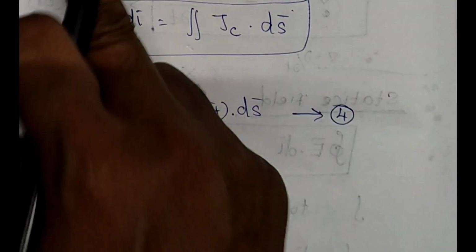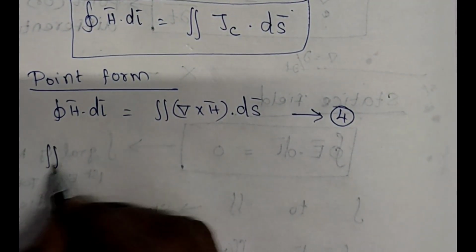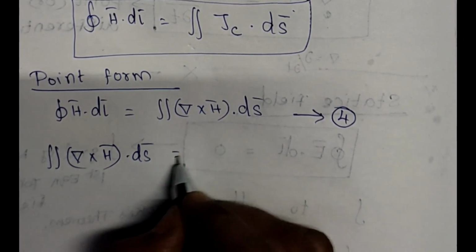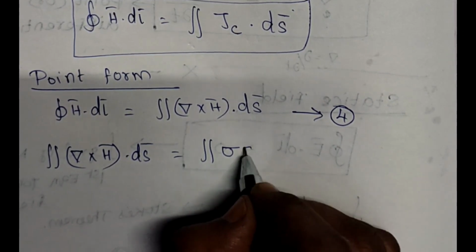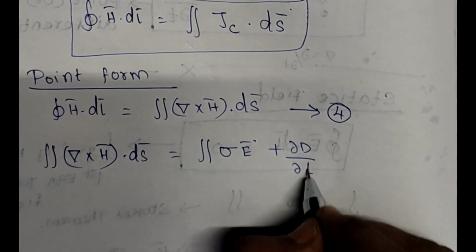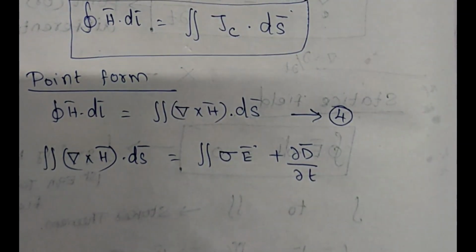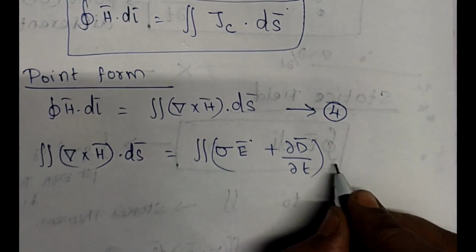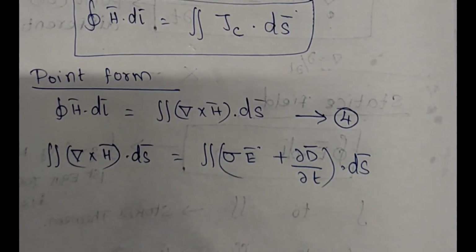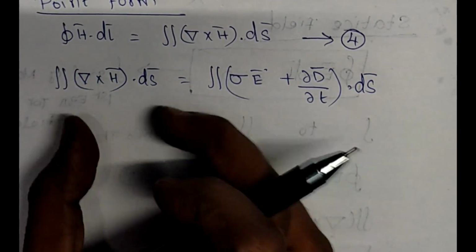Compare 3 and 4. The left hand sides are both equal, so I equate the right hand sides. Del cross H dot ds is equal to the double integration of sigma E, which is Jc, plus dou D divided by dou t, with the vector dot ds. Both consist of surface integration, so neglect the integration and consider only the inner part.